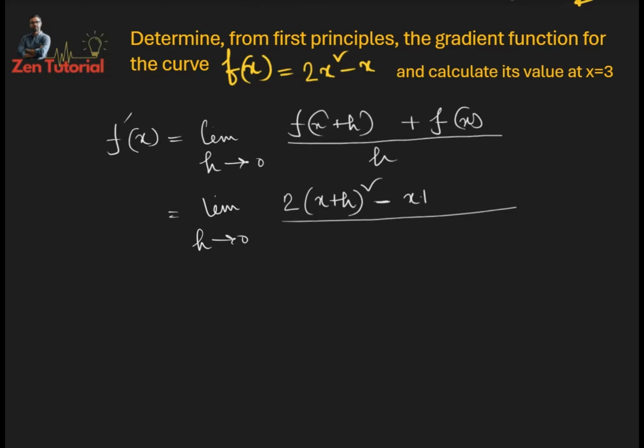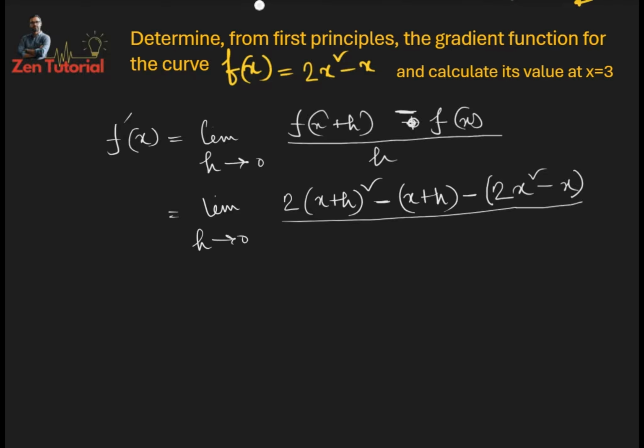So x plus h. Okay. By the way, this will be minus, beg your pardon. So this will be minus f of x, which means 2x square minus x, and obviously we have to use a bracket, otherwise we make a mistake or mess up.